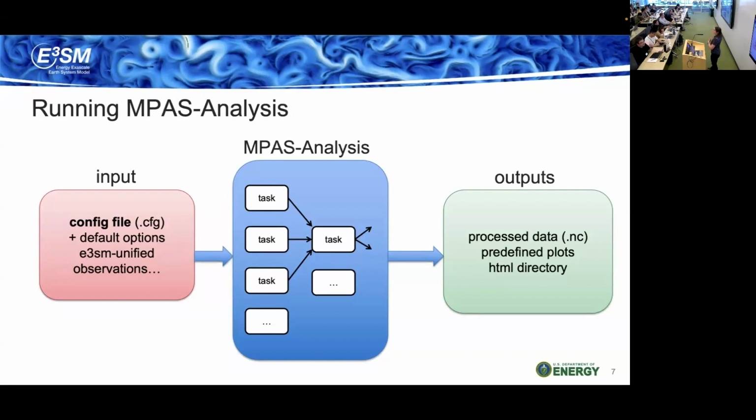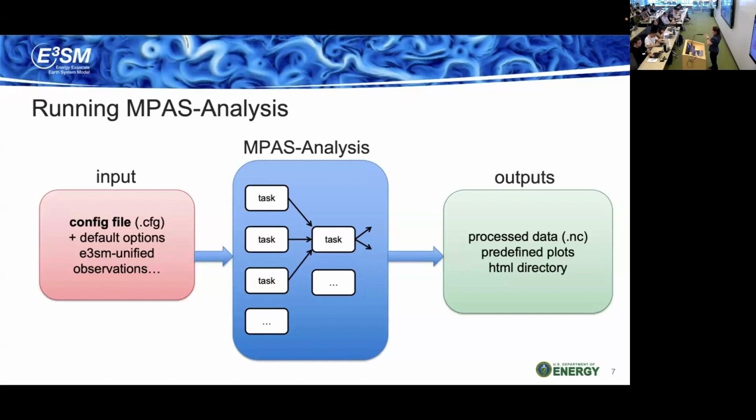So it relies on all the other options being defined elsewhere, and your little user config file gets added to that. It relies on having the right environment, having a pre-processed observational data set. But in short, you edit a config file about which year and which analysis tasks you want to do.